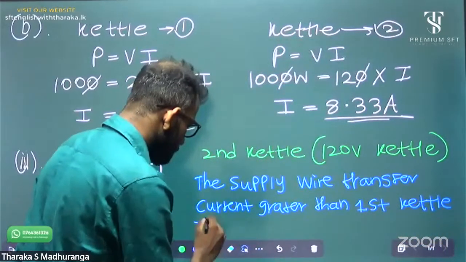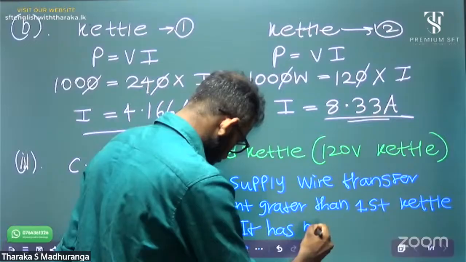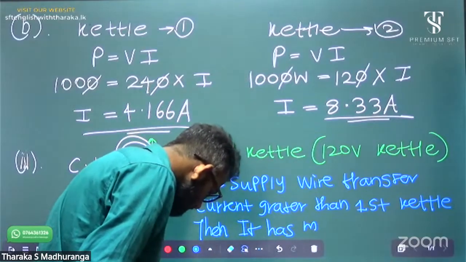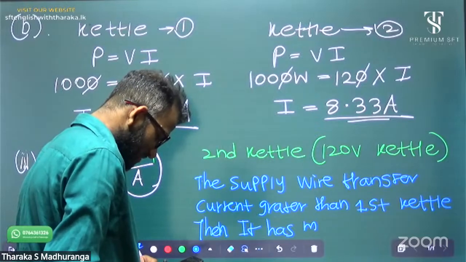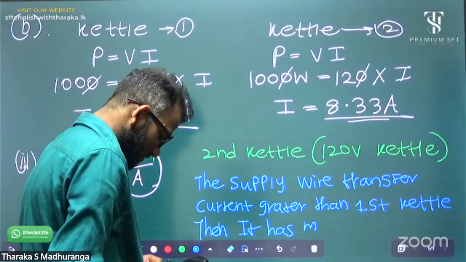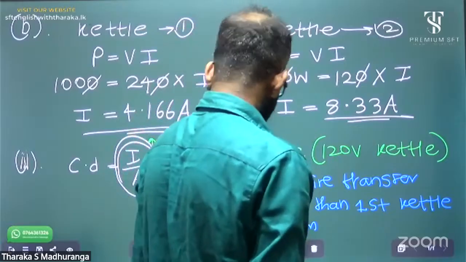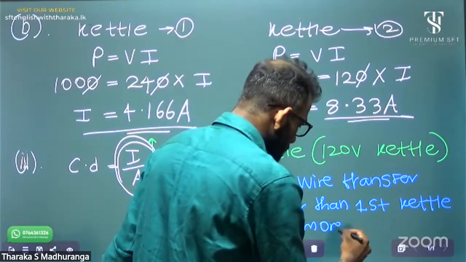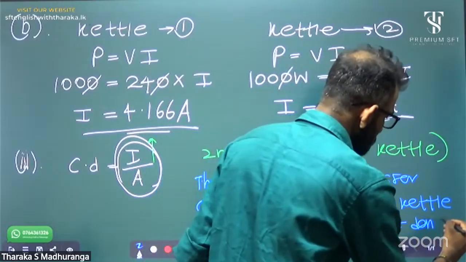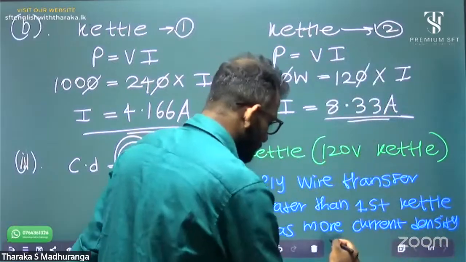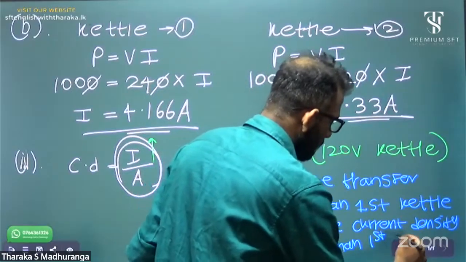Then it has more current density than the first kettle.